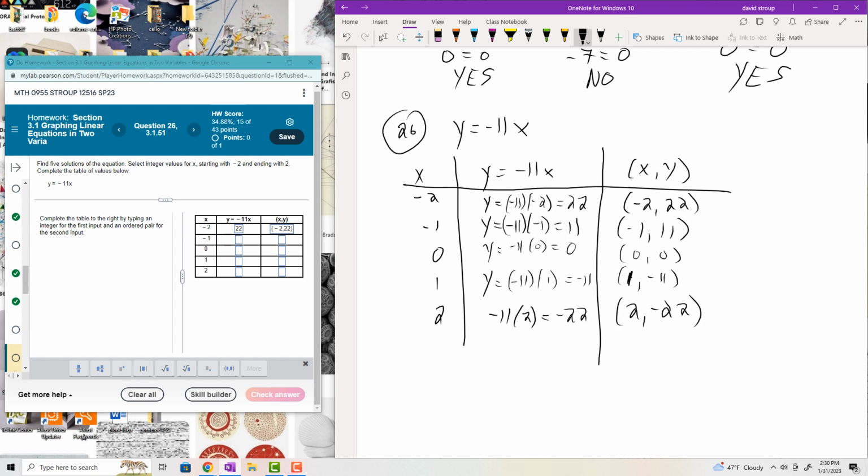Okay, and then I've got to go to my chart and fill it all in. And then plug this in. I'm using the tab button to move around inside the chart there.